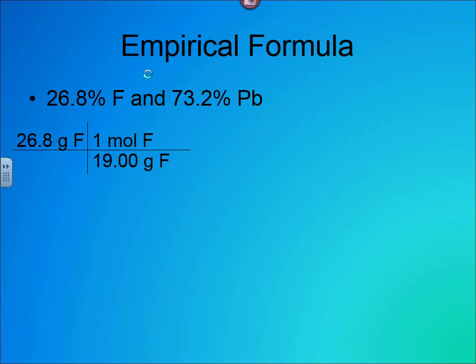And we know that that's the number of grams in 1 mole of fluorine. So we put 1 mole on the top. Those 2 numbers are going to be divided. You should end up with 1.41 moles.